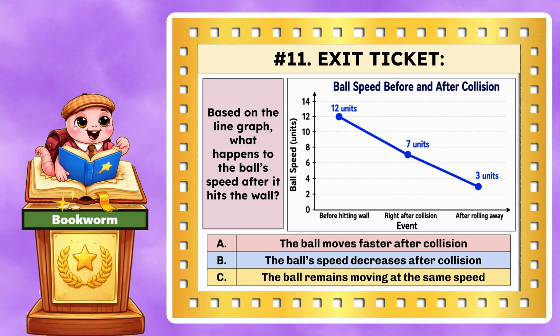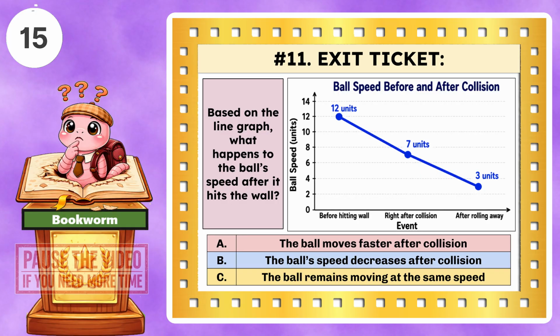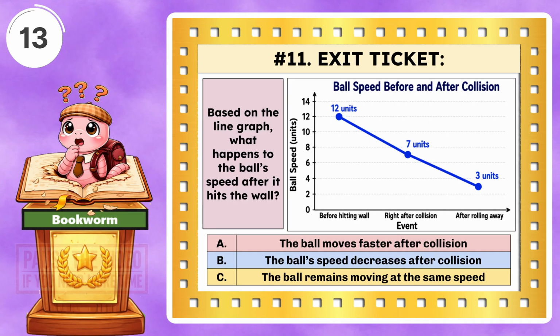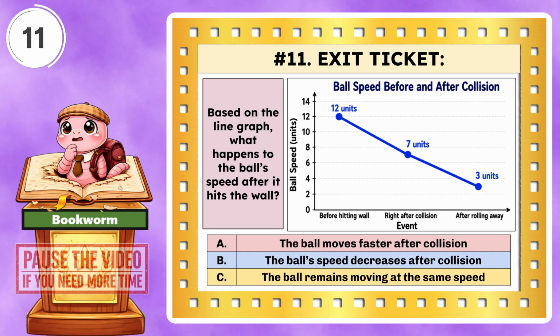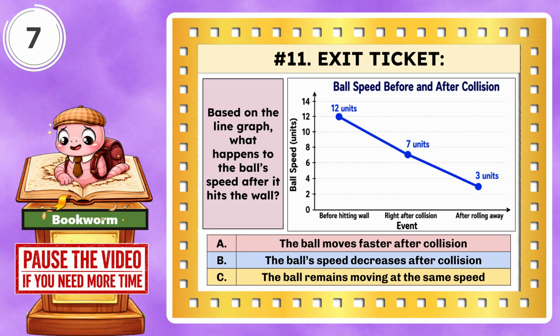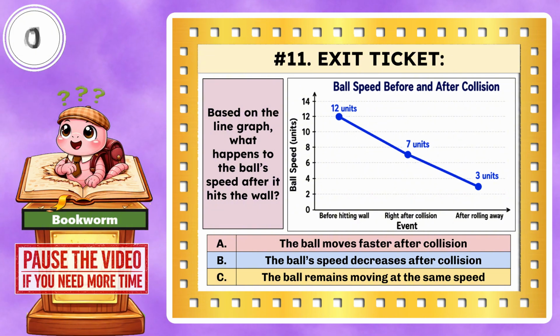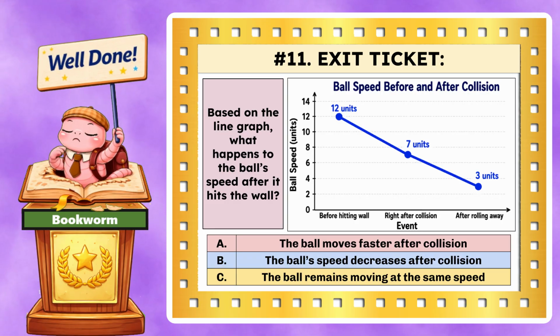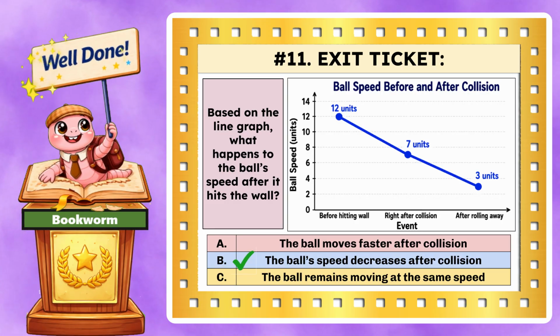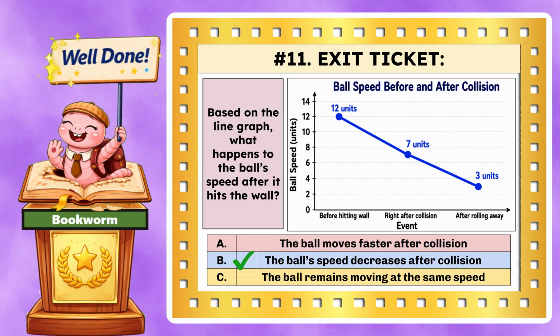Based on the line graph, what happens to the ball's speed after it hits the wall? And the correct answer is letter B. The ball's speed decreases after collision.